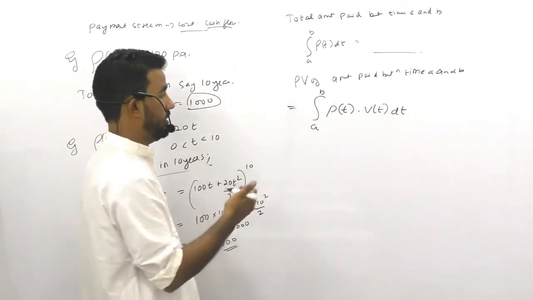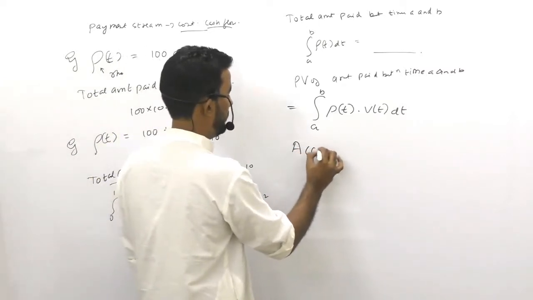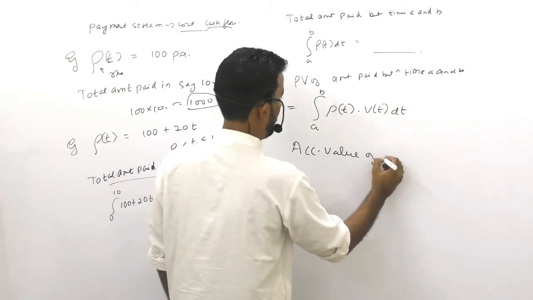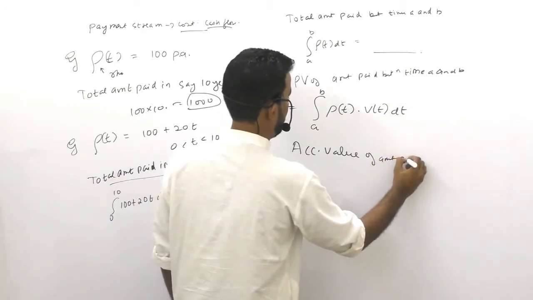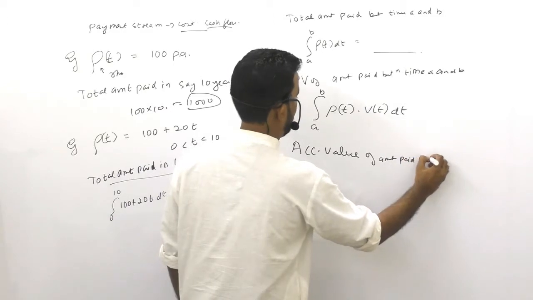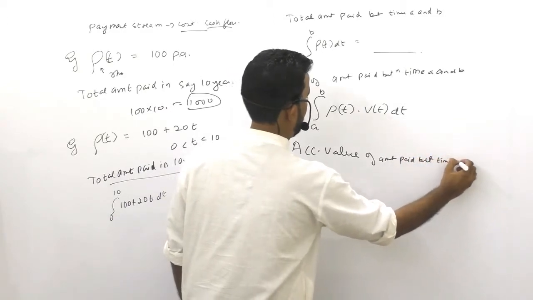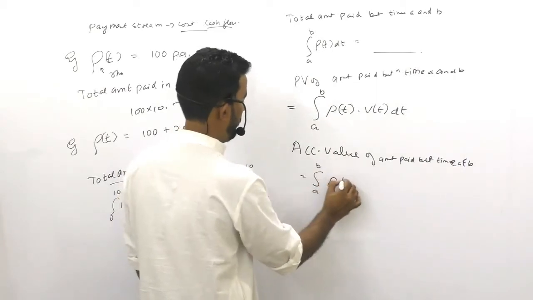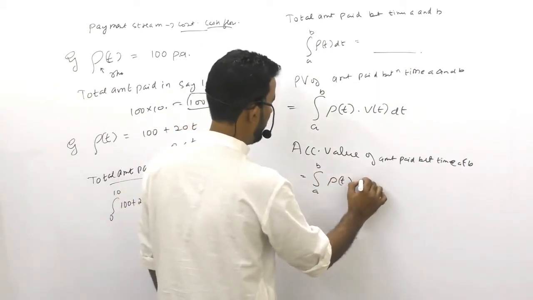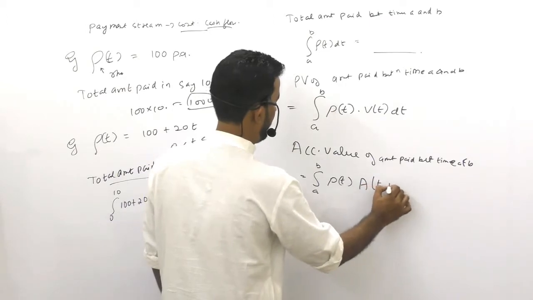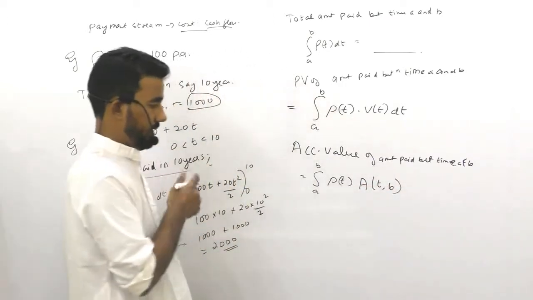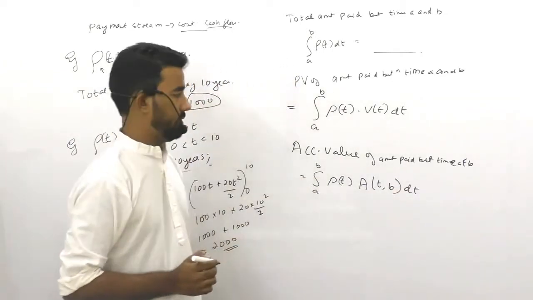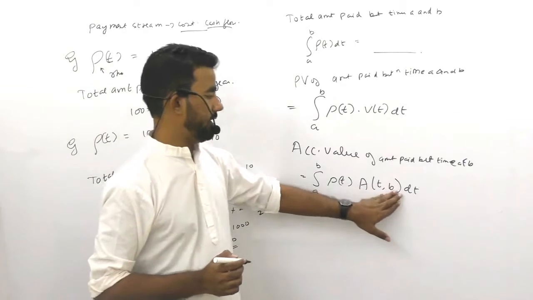And then if you want to find the accumulated value of the amount paid between time A and B, it should be the integral from A to B of rho t times the accumulation from time t to time B. We will again see how this is correct. For the time being, let us just write it as a formula. This will give you the accumulated value at time B.